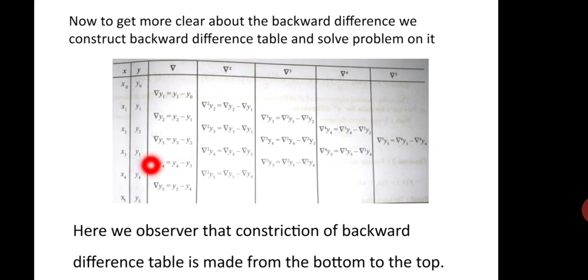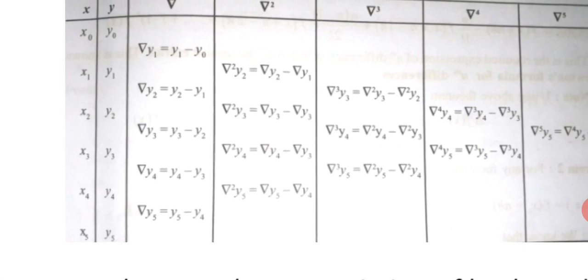That is, y5 minus y4 gives you delta of y5. Similarly, y4 minus y3 gives delta of y4, y3 minus y2 gives delta of y3, y2 minus y1 gives delta of y2, y1 minus y0 gives delta of y1.